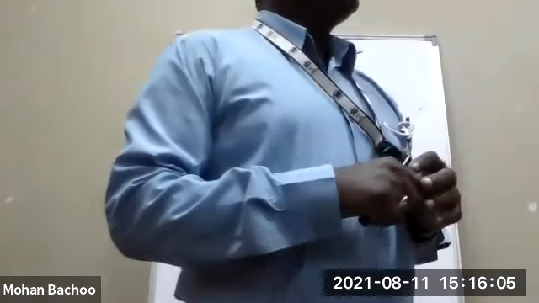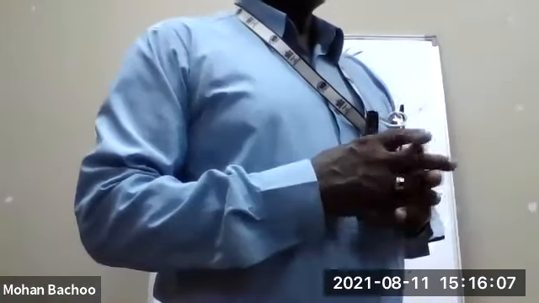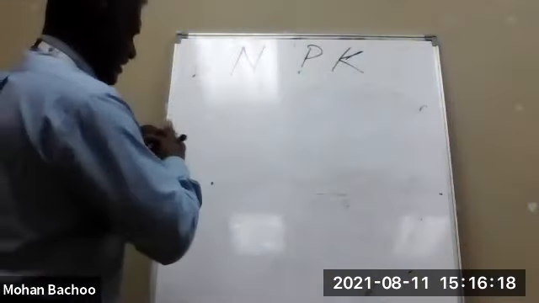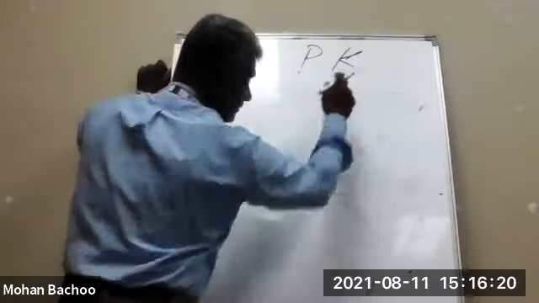All right, so let me explain this. There's what you call simple fertilizers, and there's what you call complex fertilizers, and there's what you call straight fertilizers. What's the difference? Very, very simple. So we have NPK, right?